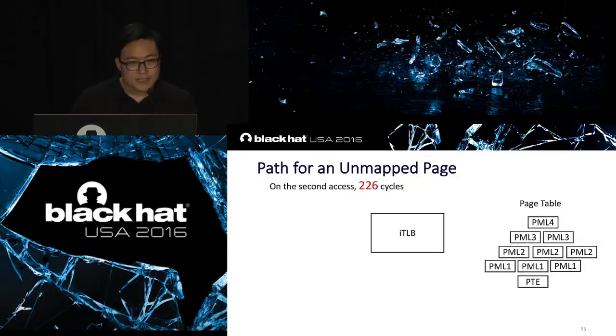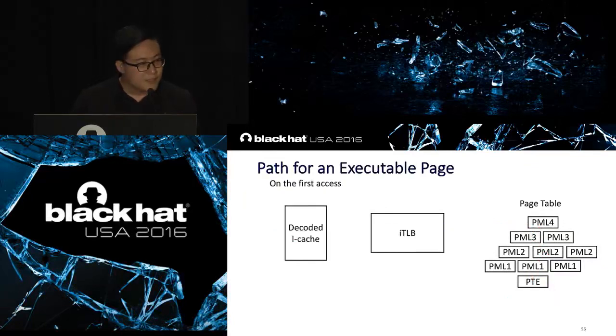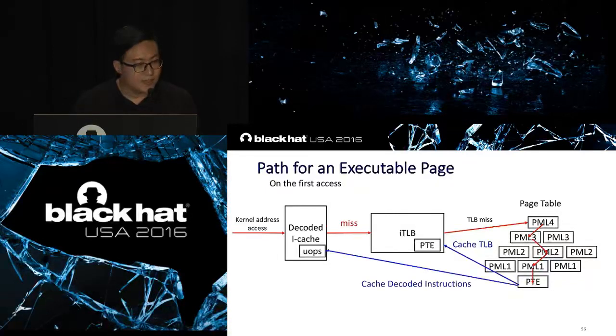For the unmapped page, it will do the same thing: ITLB miss, go to the page table walk, page fault. So it always takes the slow path; it is slow. And for the executable page, first, it misses on the decoded I cache, misses on the TLB, goes through the page table, is cached in the ITLB, and also cached in the decoded I cache, then faults.